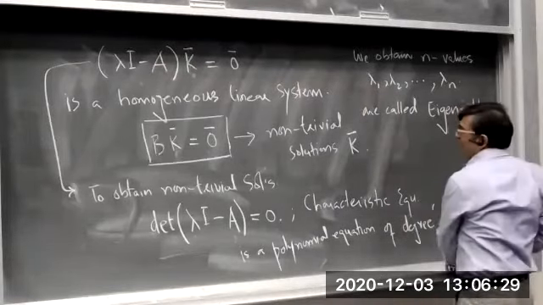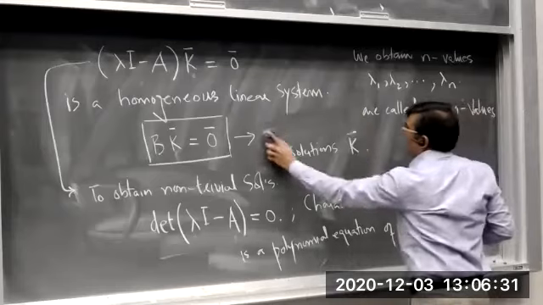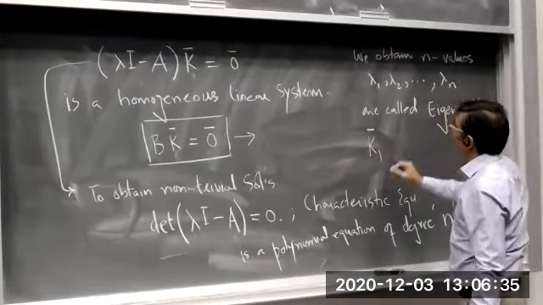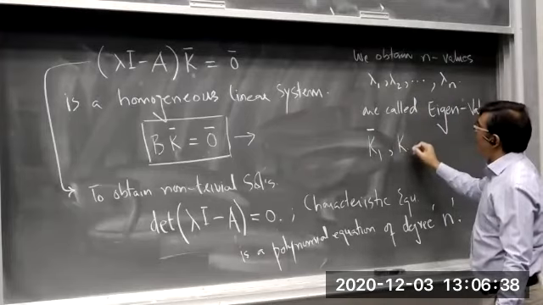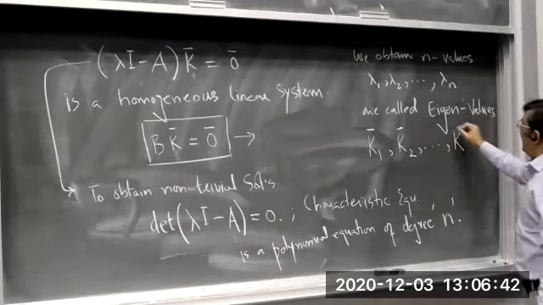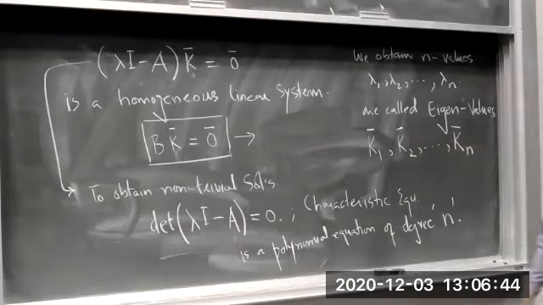Corresponding to lambda 1, we can find the k1 vector. Corresponding to lambda 2, we can find the k2 vector, and so on. And corresponding to lambda n, we can find the kn vector.